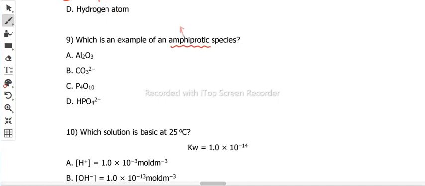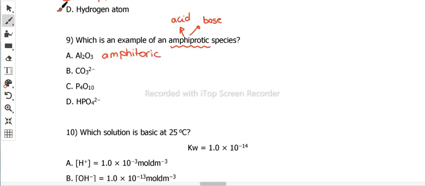Question 9, which is an example of an amphiprotic species. So another time we need to remember that we are talking about a species that can behave as an acid or a base based on the Bronsted-Lowry definition. If we look at the choices, aluminum oxide is actually an amphoteric species. It behaves as an acid and a base, but it's not amphiprotic.